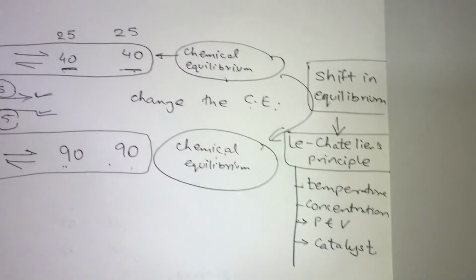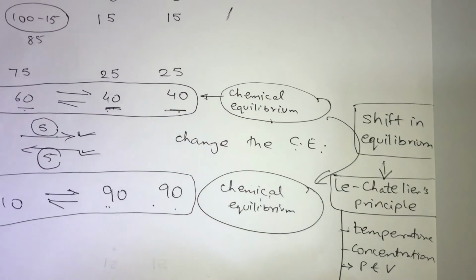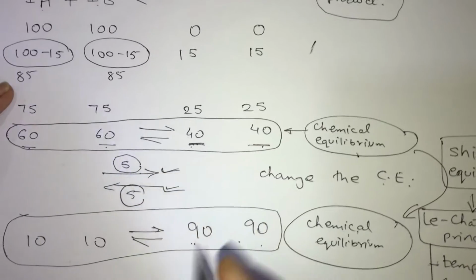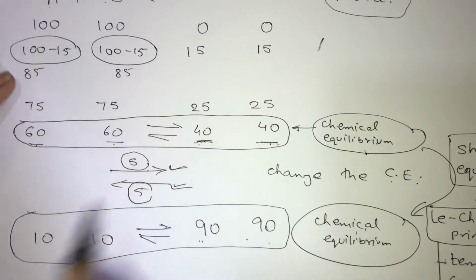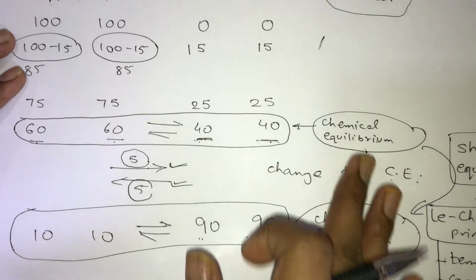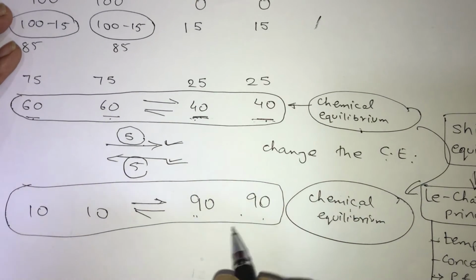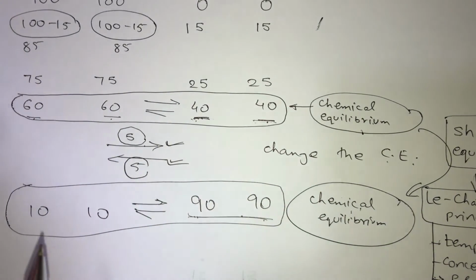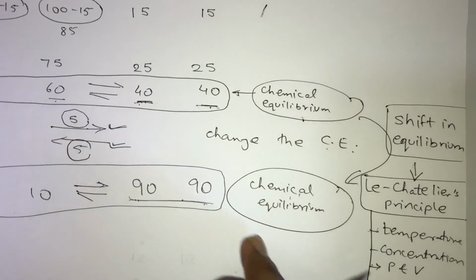Okay, so I hope guys you have understood up till now that you are not getting sufficient amount of product because of the reversible reaction. A chemical equilibrium was getting established and you are not getting sufficient amount of products. So you need to change the chemical equilibrium state where you can get maximum amount of product. And how are you going to change the chemical equilibrium?